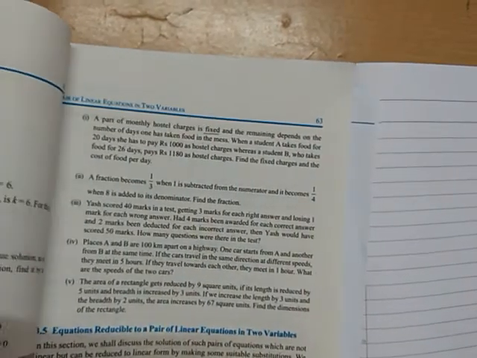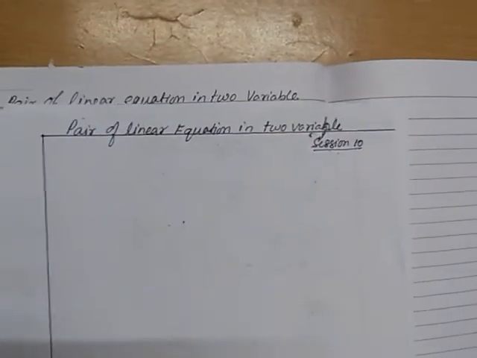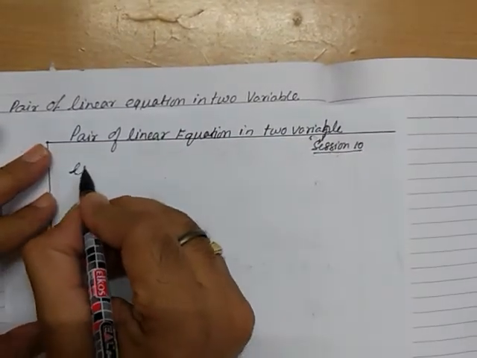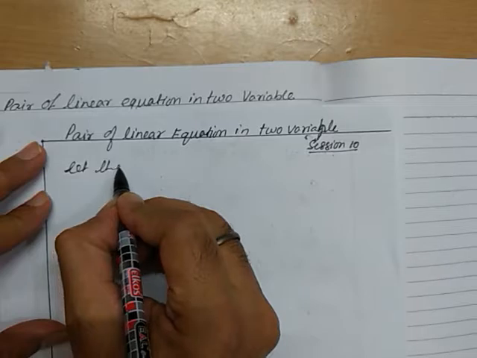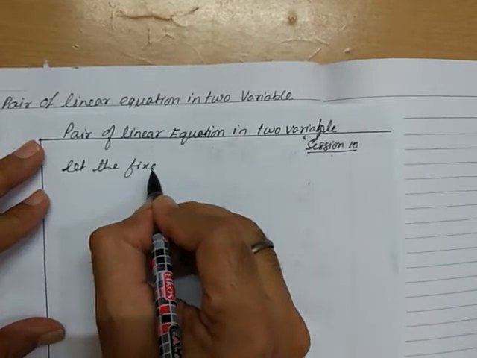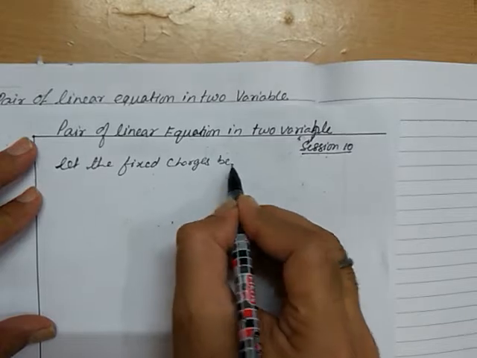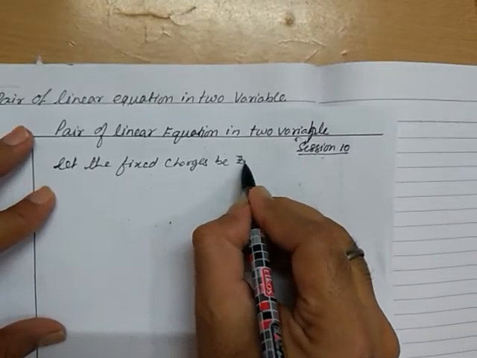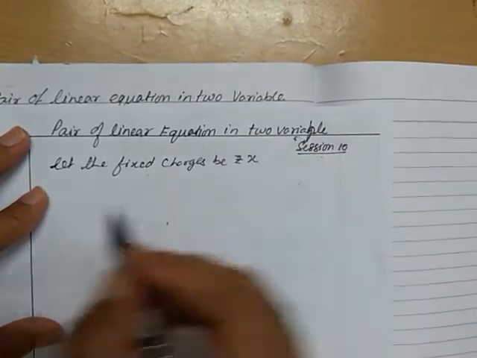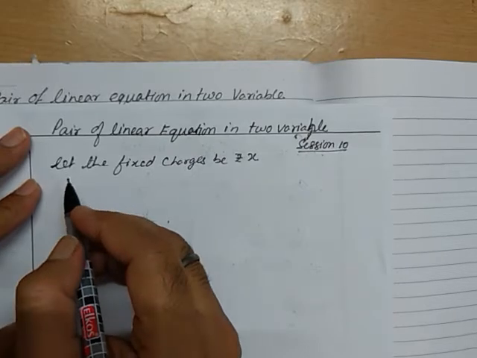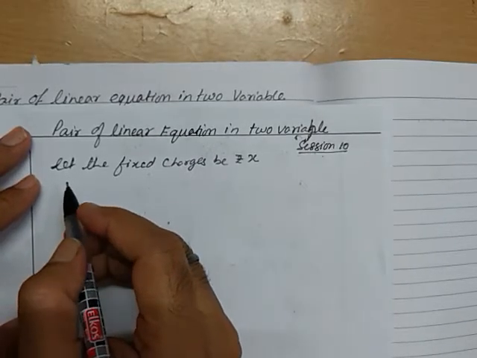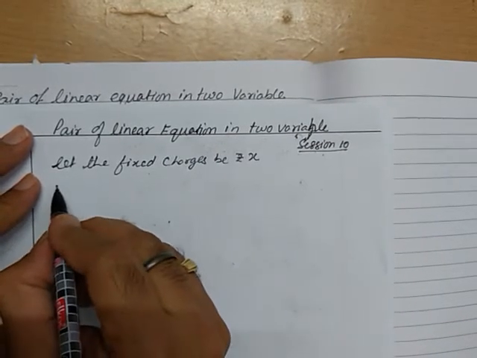Here it says the fixed charges, so let the fixed charges be rupees X.